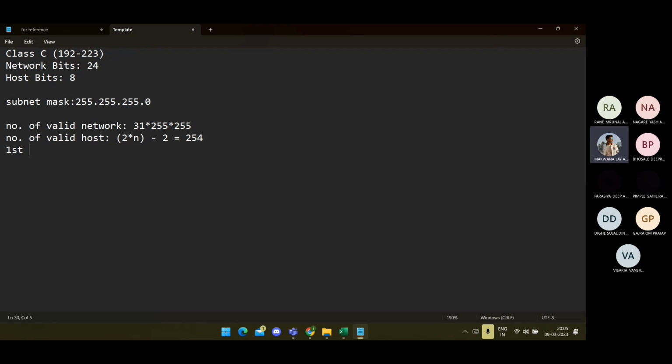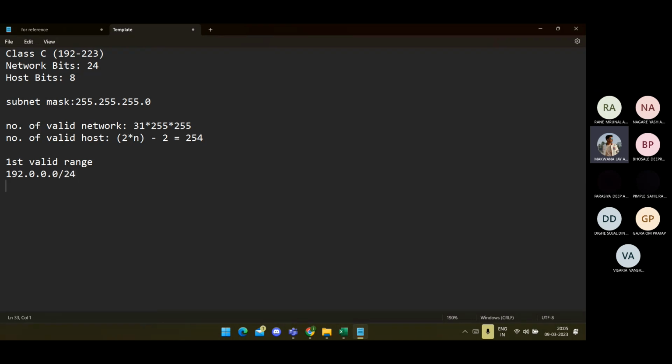So if I consider the first valid range, this is the range of IP addresses. Let's consider the IP address ranges from 192.0.0.0/24.